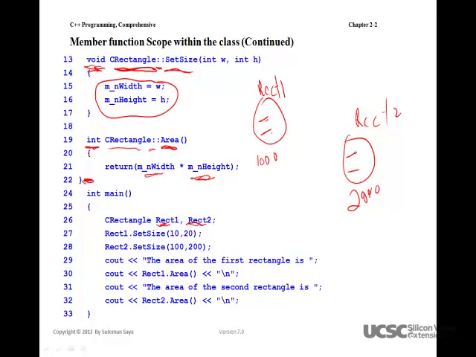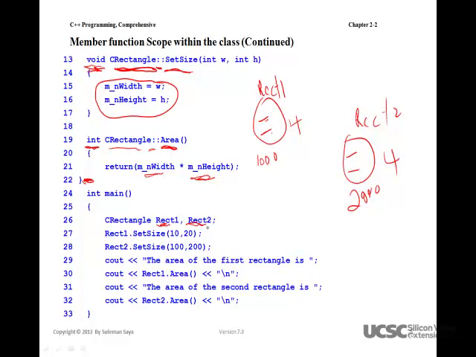The size of each object is going to be, assuming that your integer takes up 2 bytes, 4 bytes right here and 4 bytes right here. Okay, so that many bytes will be allocated, because I have 2 objects, so I will be allocating 8 bytes. Notice that there is no room for the member functions. Member functions don't need room, and we will see in the next example why they don't need any room within this object.